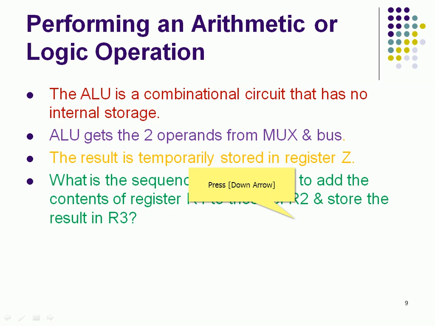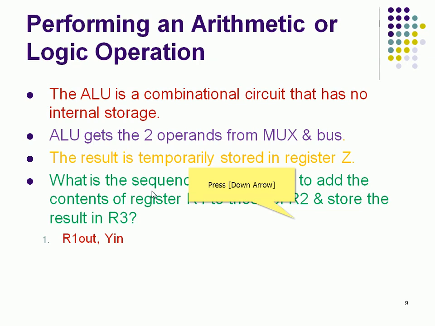What is the sequence of operations to add the contents of register R1 to those of R2 and store the result in R3, right? The contents of R1 will be added to the contents of R2, and the result has to be stored in R3. This needs to be performed by these signals.